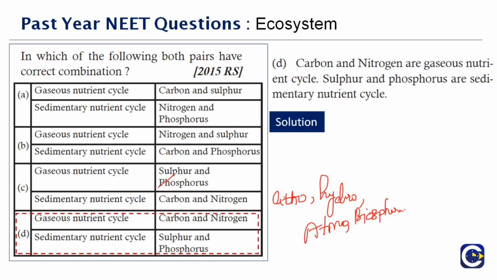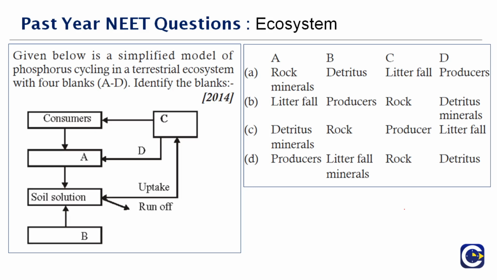Next question here. Given below is a simplified model of the phosphorus cycling in a terrestrial ecosystem with 4 blanks, and you need to fill in the blanks. Okay, so let's fill it, right? So consumers, then you have the soil solution, then you have B, and then you have from C. C is given to consumers and A, and again D, if you see, it is given to the A and it's runoff.